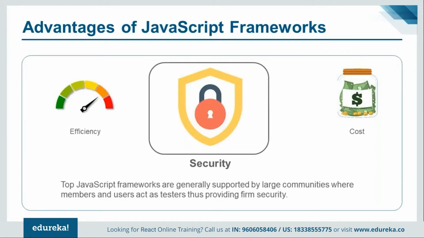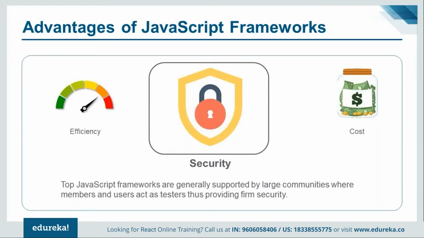The second aspect is security. Whatever JavaScript framework we use, it will come with a lot of default security-based implementations, and also different modules which can be integrated with the basic application to build security. When it comes to things like authentication, authorization, encryption, cryptography, digital signatures, all these things are automatically available in the majority of JavaScript frameworks.